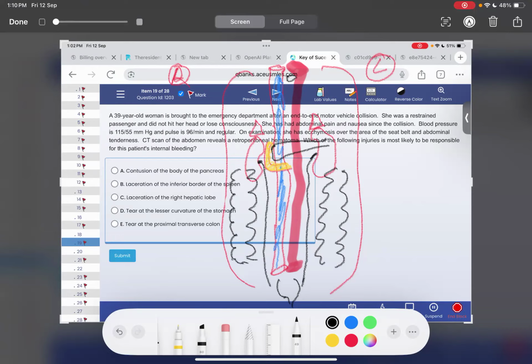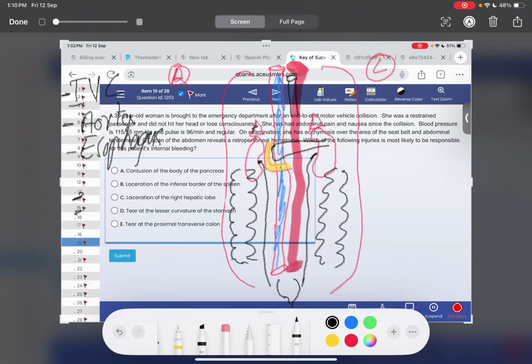Is your esophagus present over here? From the upward, there is the inferior vena cava, aorta, esophagus.